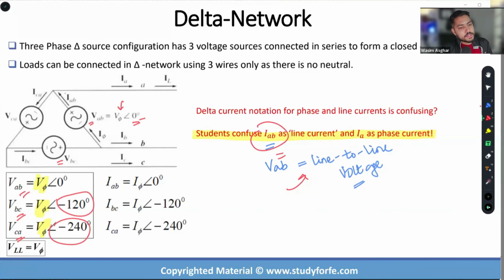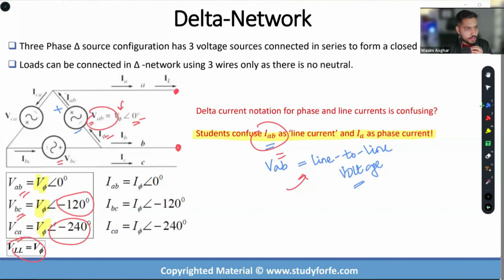Now, the interesting thing is that just by looking at this configuration, you can unlock the voltages right away without lifting the pen or doing any calculations. Why? Because if you tell me the value of VAB in a delta configuration, which is a phase quantity, the line-to-line voltage, the voltage appearing between here and here, and the voltage across the terminals of the generator are basically the same.